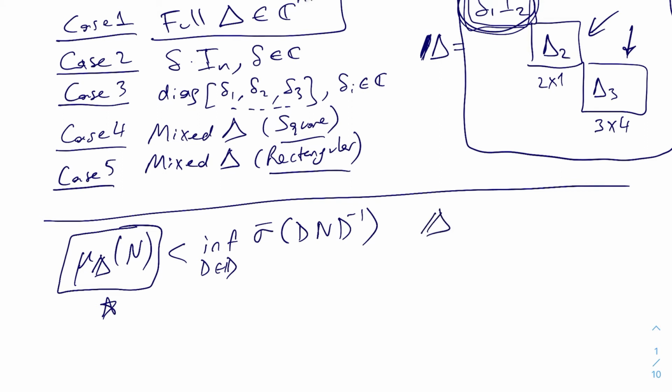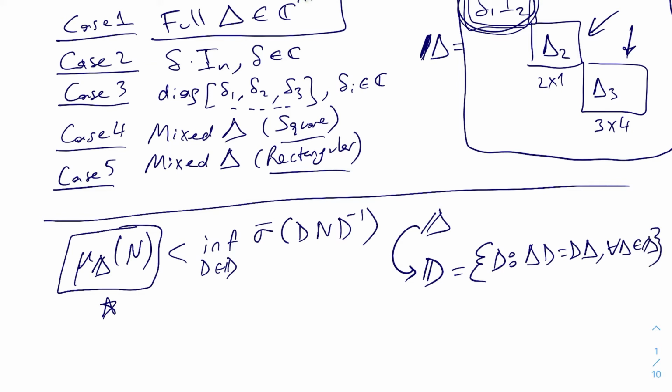So we have a data set, right? And we have like 5 cases for that. And for a given data set, we will construct our D set, right? The D set is made out of D elements such that delta times D equals D times delta for delta in capital delta, the uncertainty set.